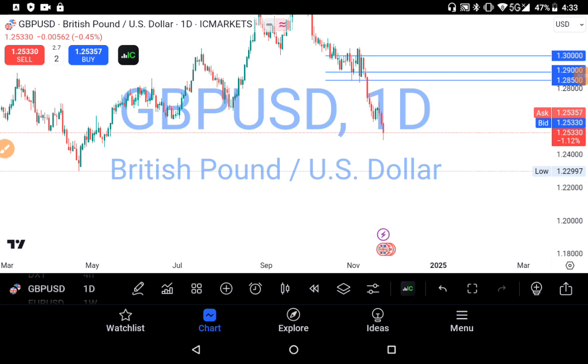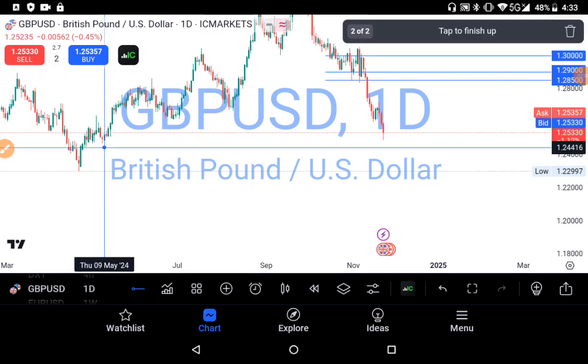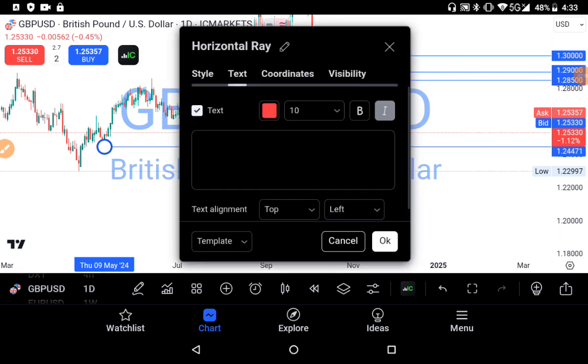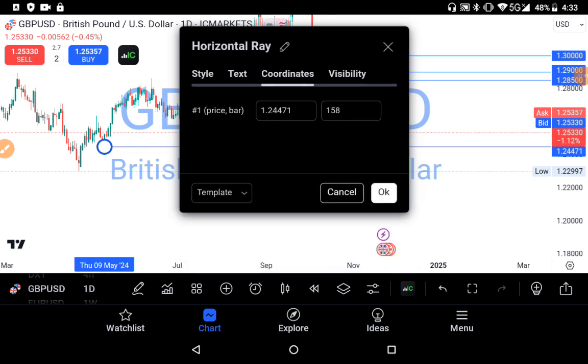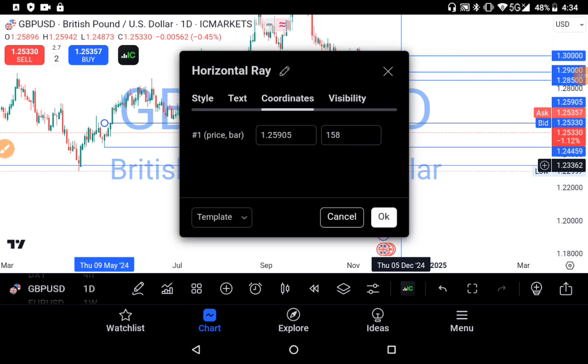Okay, let me mark this. This is 1.24459. And 1.25,000, which has been delivered.